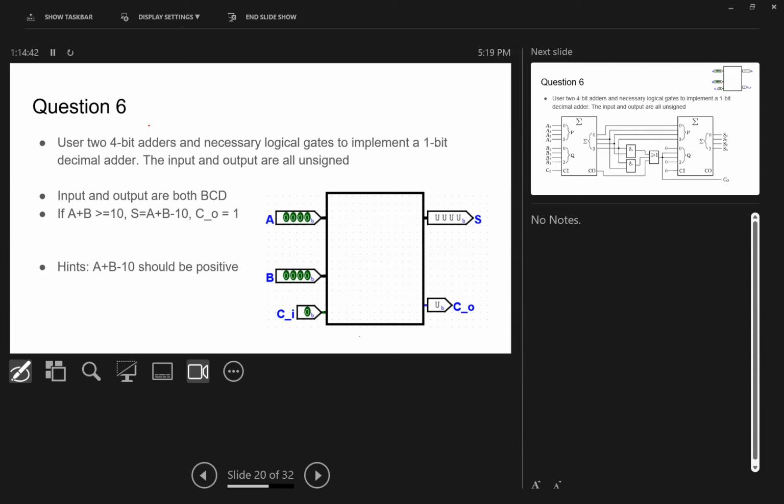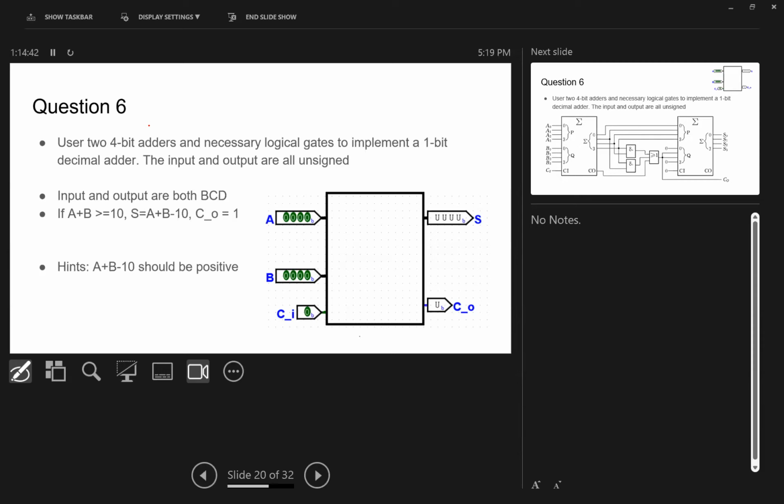If you remember, we compare the result of A plus B with the number 10, which means we want to find the maximum between A plus B and 10. So how do we compare this 5-bit number with 10?